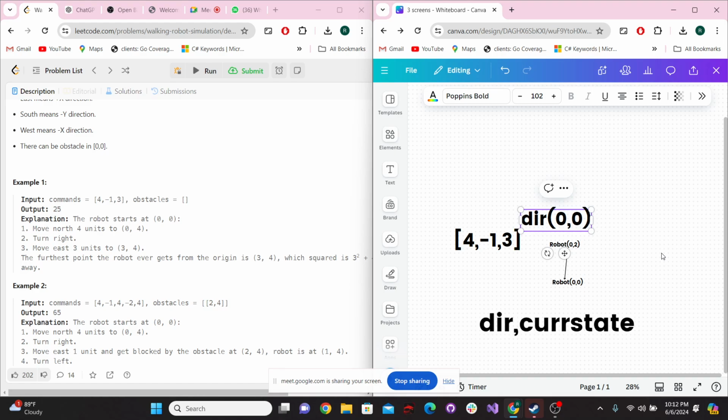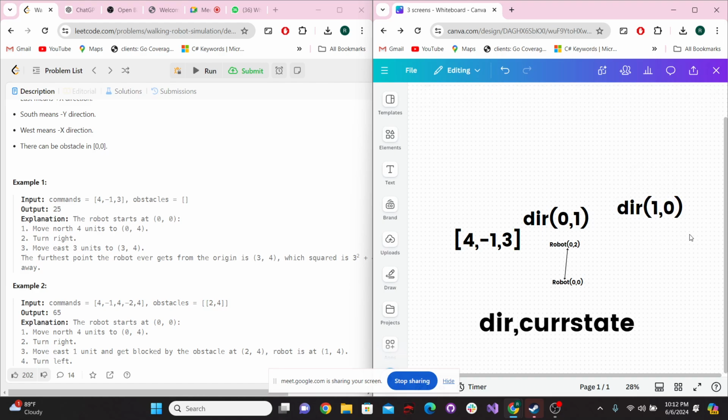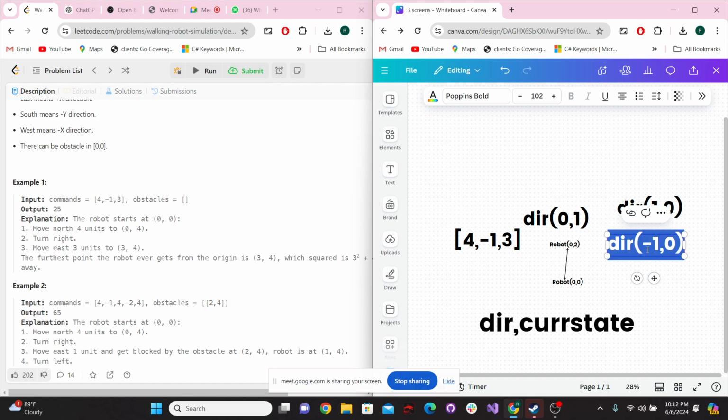There's something that you should have in your mind when you are solving any kind of problem: figuring out patterns. So 0 1 here implies that it's going to go in a positive direction in the y plane. Similarly, 1 0 implies that it's going to go in a positive direction in the x plane. -1 0 implies that it's facing the negative x.